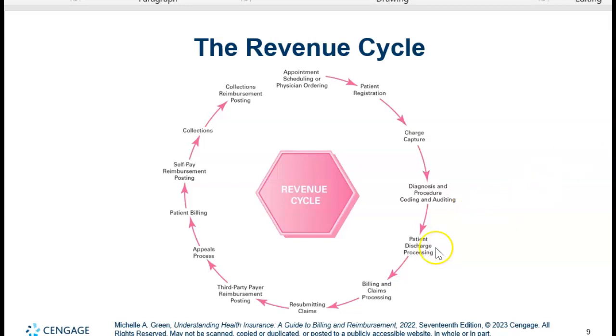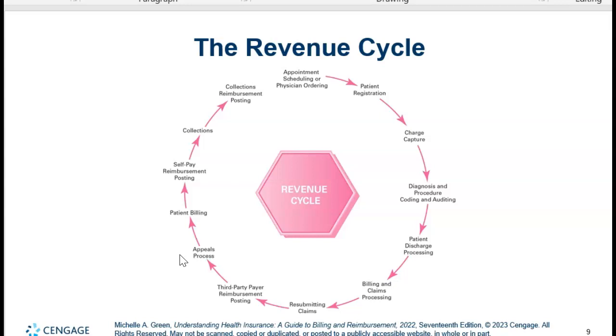The patient gets discharged either from the hospital or released from the clinic. Then it goes to the billing and claims processing. They resubmit the claim, or submit. So the third party gets that claim. And then there's the appeal process. And it's not always an appeal process. That's just going to happen if there was an error on that claim, like coding wrong, or they feel that the patient's birthday doesn't match up with the name.